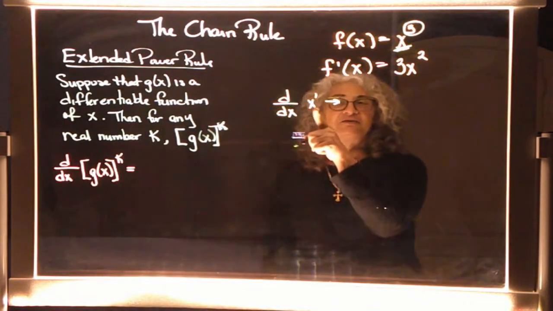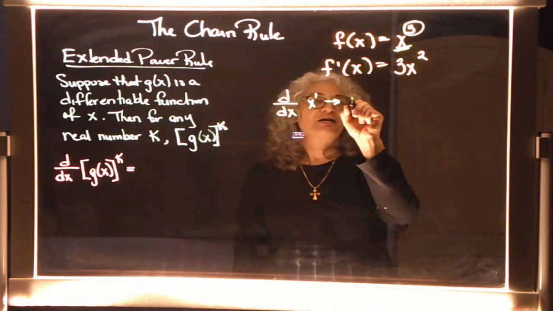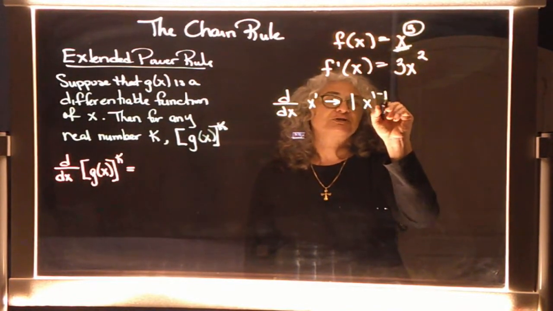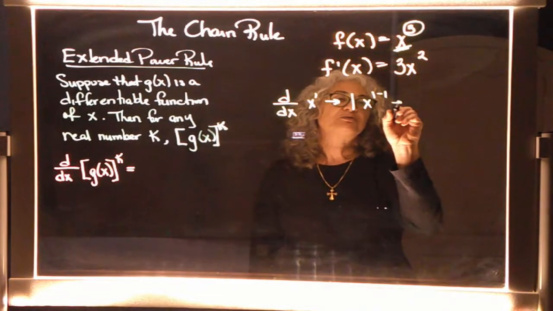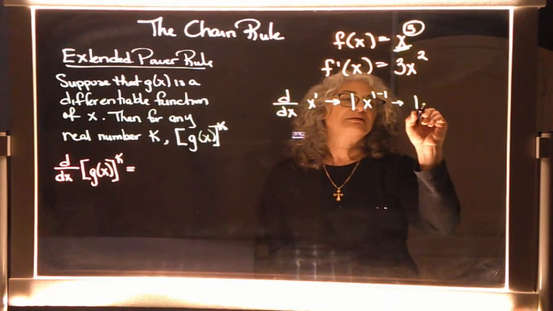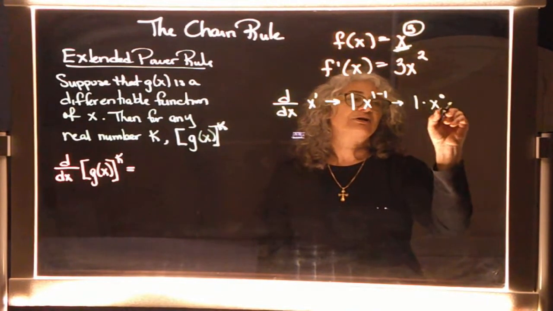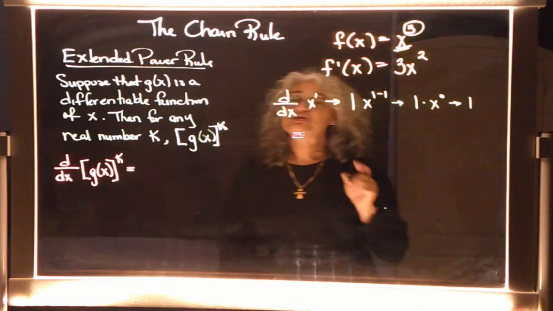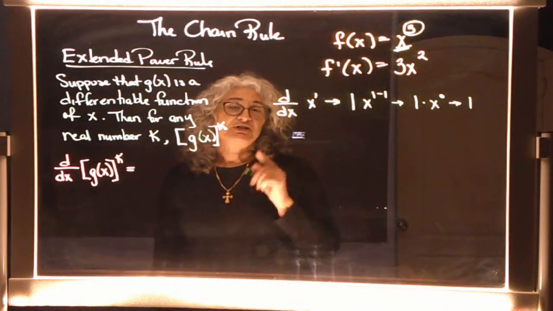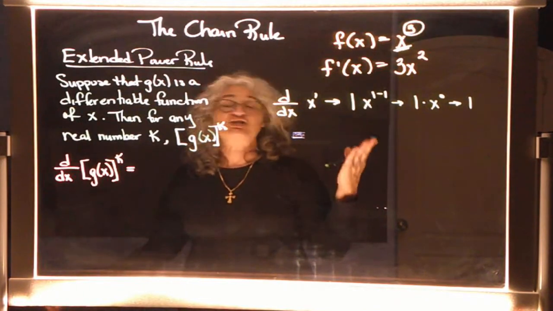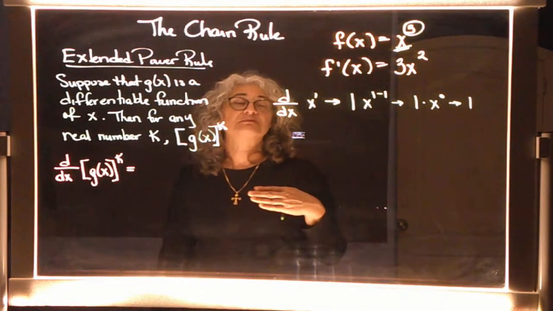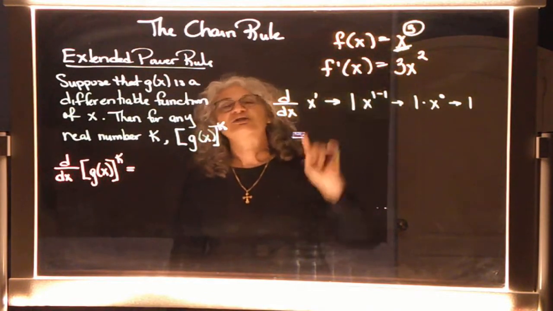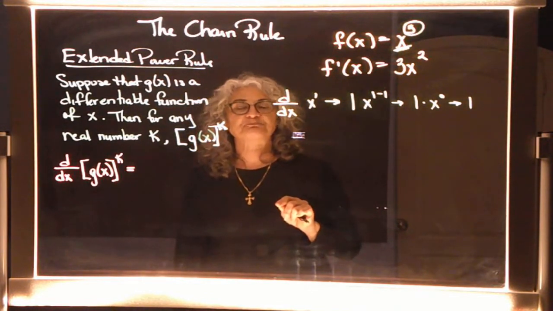That would mean that if I took this, the 1 comes down, and the power on the x gets reduced by 1, which means this would be 1 times x to the 0, or just 1. Interestingly enough, the derivative of x is just 1. Which is why we never really looked at the x.